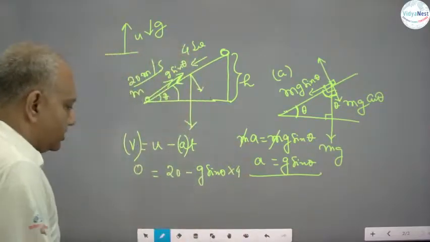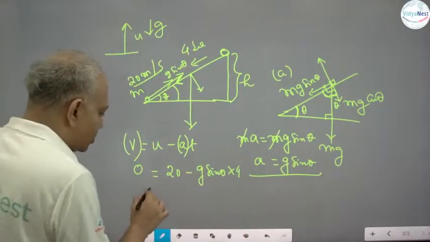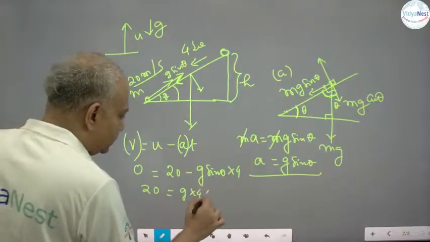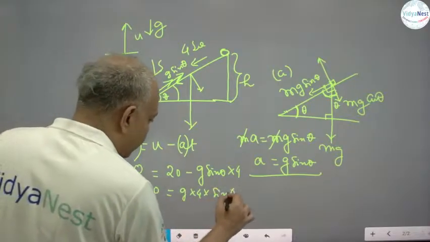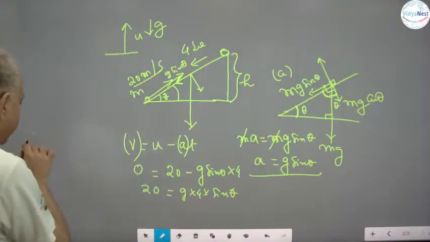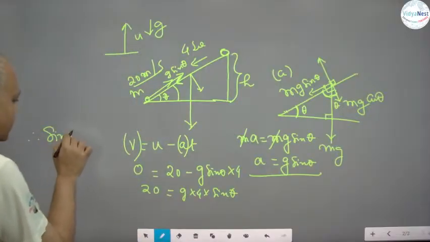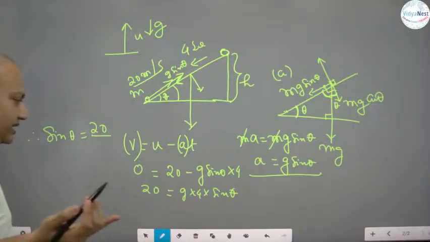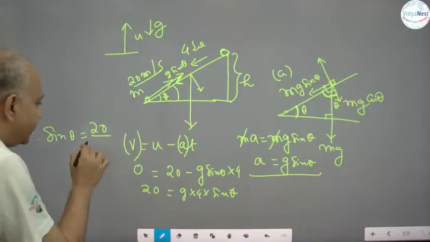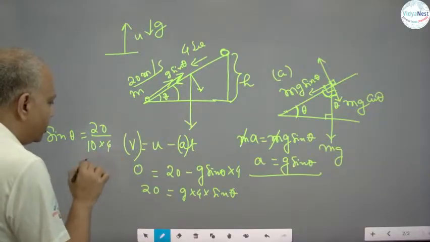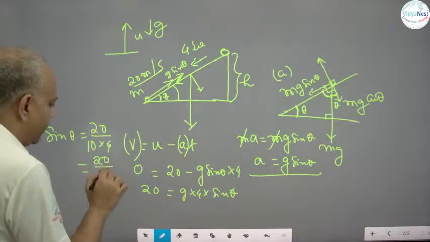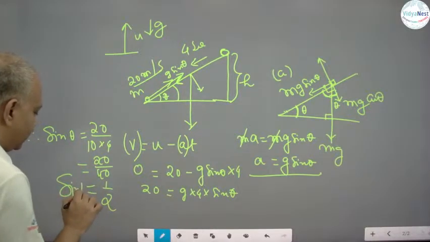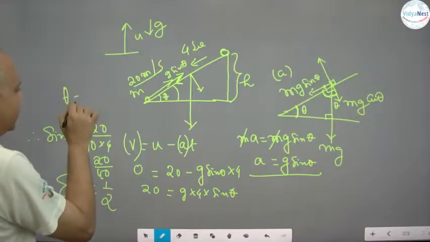So we can write 20 is equal to g into 4 into sin theta. Therefore sin theta is equal to 20 divided by 4g. Taking g as 10, 10 into 4 is 40, and 20 by 40 is half, so sin theta is half. Therefore theta we can take as 30 degrees.